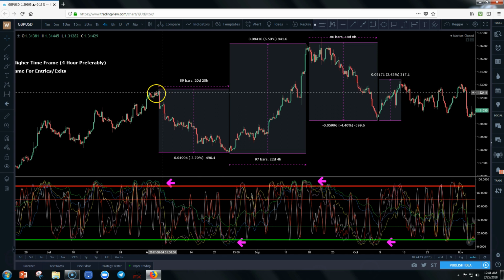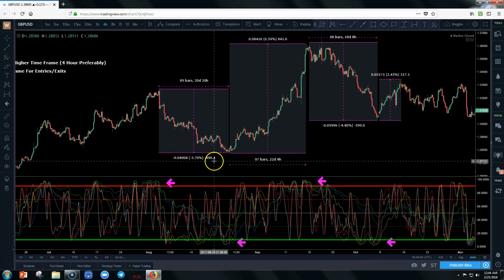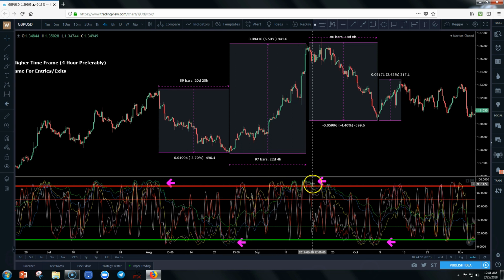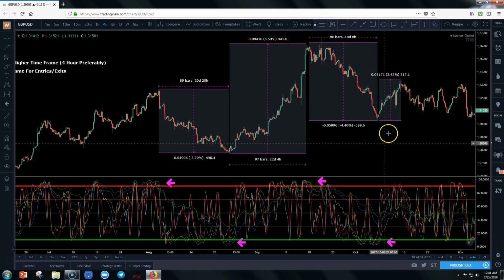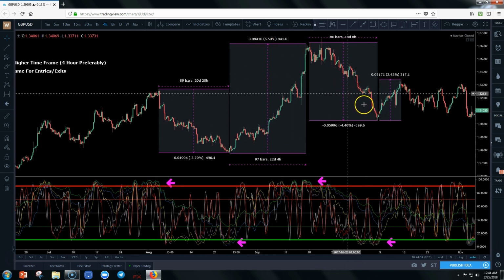So on this move here, from exhaustion point to exhaustion point, which captured 490 pips, from this exhaustion point here to this exhaustion point here, caught you 841 pips, and this one here 600, this one here 317.